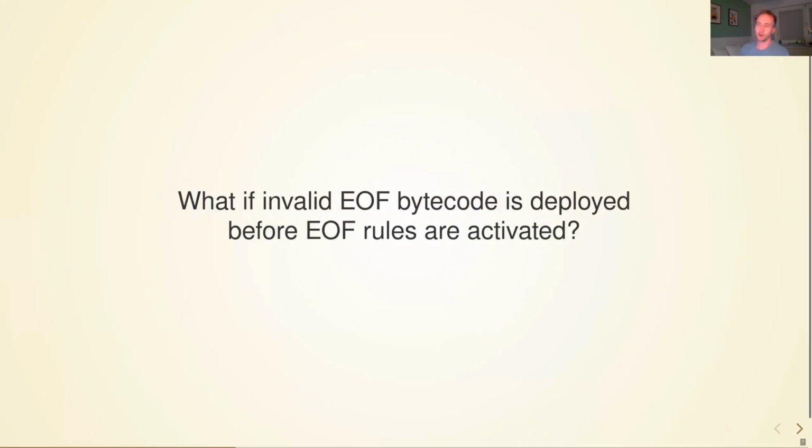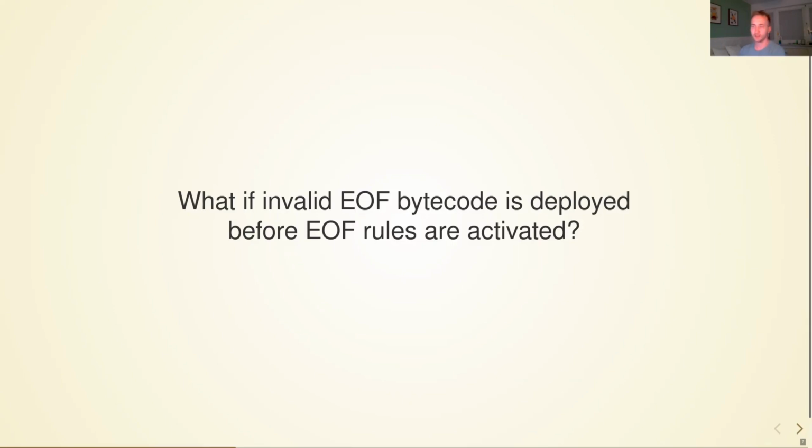So before we go to the specific rules for EOF version 1, there's one gap I want to explain. This is the origin of these magic bytes that are not specified yet, and the reason why there is an additional EIP proposed to be deployed very soon.